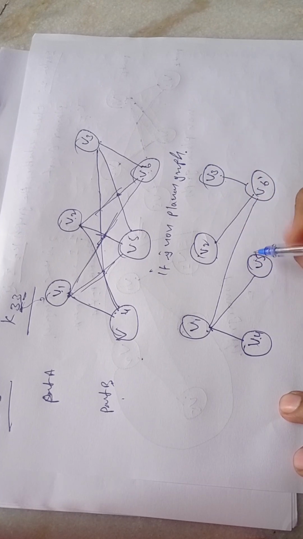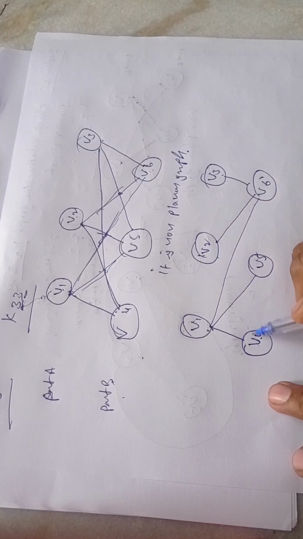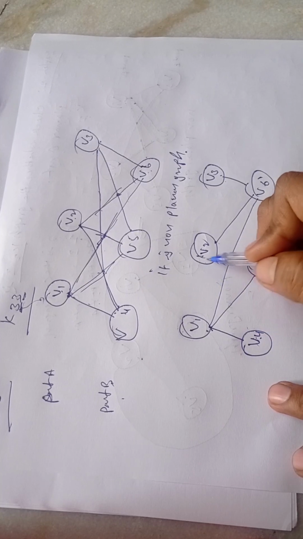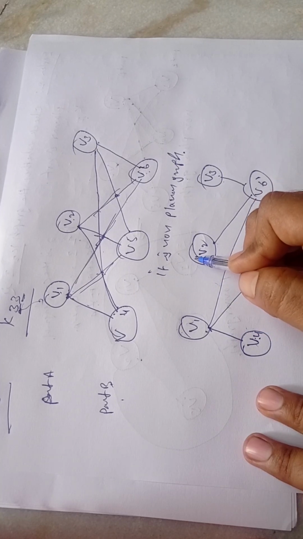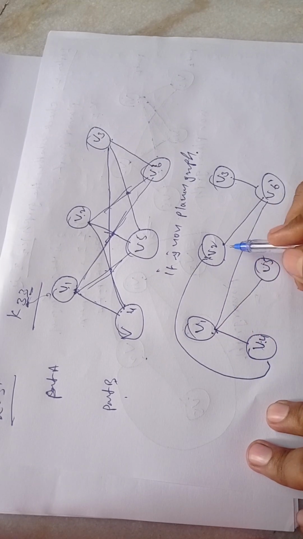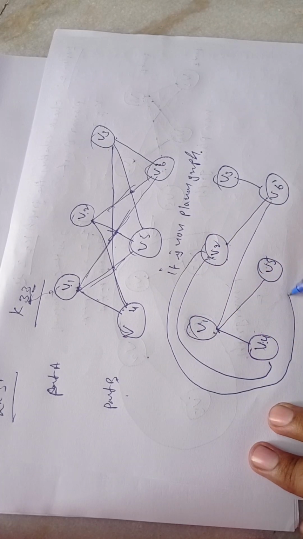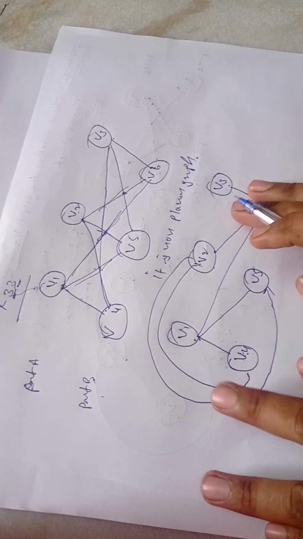So for the remaining edges we establish V2 to V4 and V2 to V5 another way to connect.